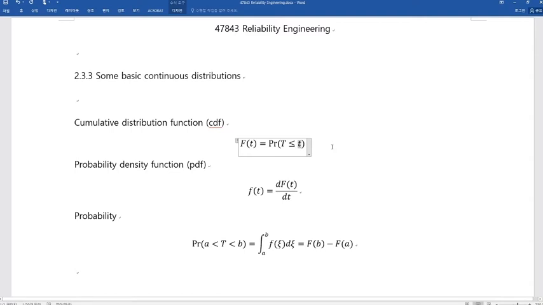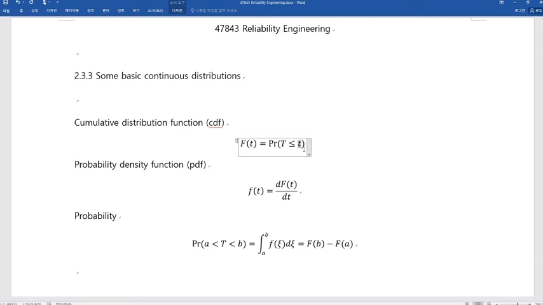So that is how we define cumulative distribution function. If a time t is given, then we are going to sum up, and in fact integrate, all the probabilities that the time of failure, which is denoted as capital T, occurs prior to this time of interest. So that's cumulative distribution function.